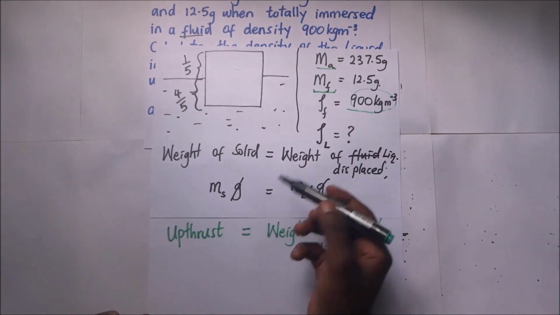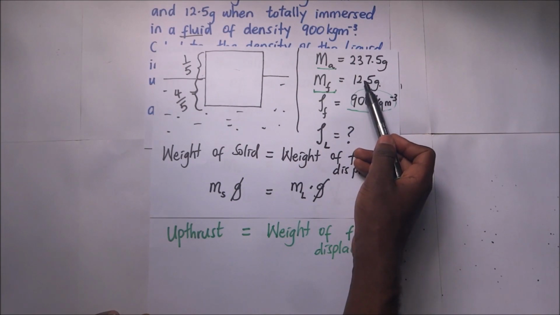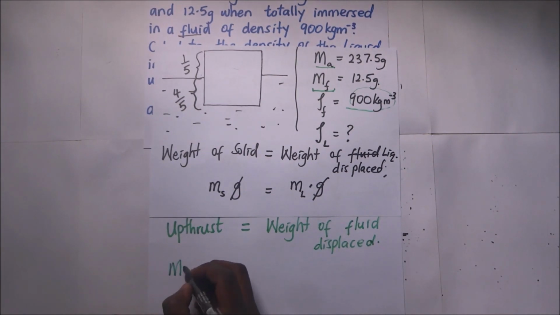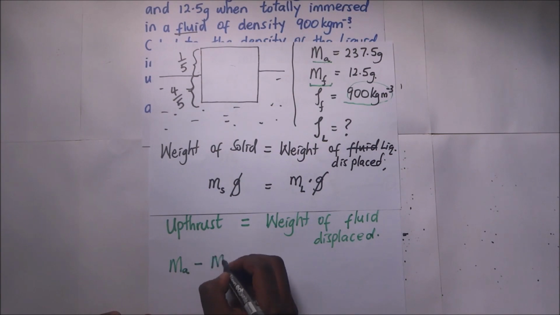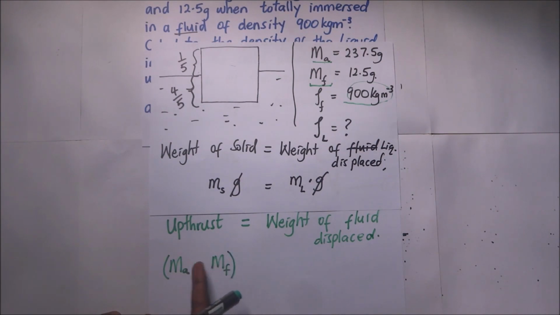Now the upthrust, of course, is the mass in air minus the mass when the solid was immersed in the fluid. In simple terms, upthrust is going to be the mass of that solid when it's in air minus its mass when it's in the fluid. In other words, this apparent loss in mass is equivalent to the upthrust.